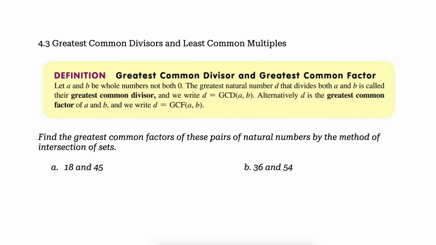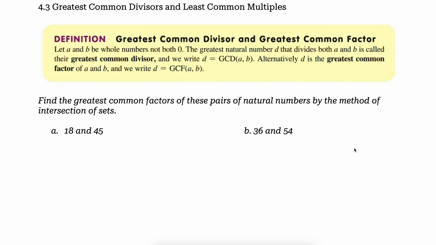One method of finding the greatest common divisor is to list out the divisors or the factors of each of the numbers in set notation, and I'll do that here in a second, and then just find the biggest one. So, there we go.